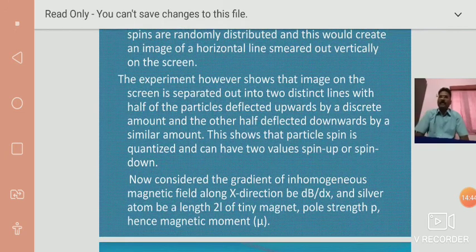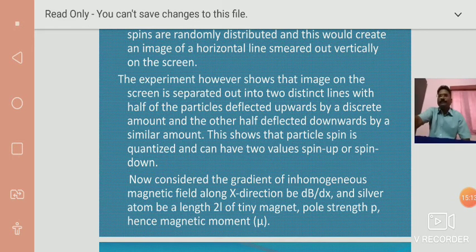The experiment, however, shows that the image on the screen is separated into two distinct lines, just like it appeared as a loop. But we should consider that the loop can be resolved into two lines. Actually, when observed experimentally, it seems like a loop, but it is two strips, two lines.